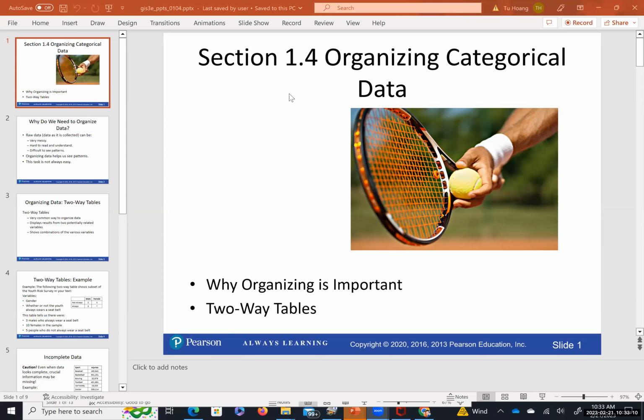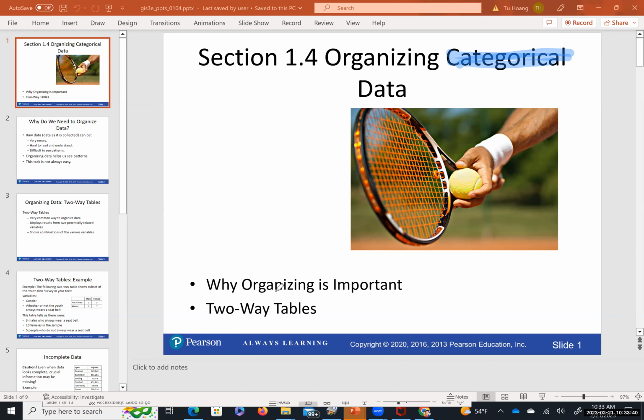Okay, so this is section 1.4, organizing categorical data. All right, so we have two kinds of data. One is numerical data, and another one is categorical data. And how to organize the categorical data.